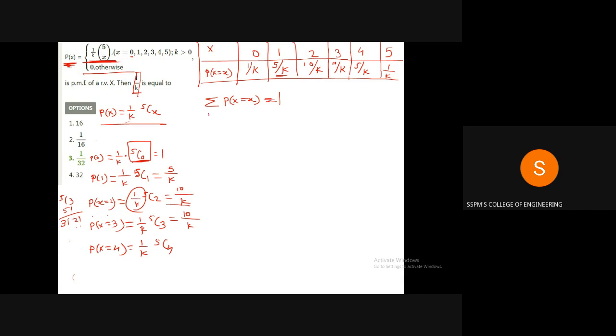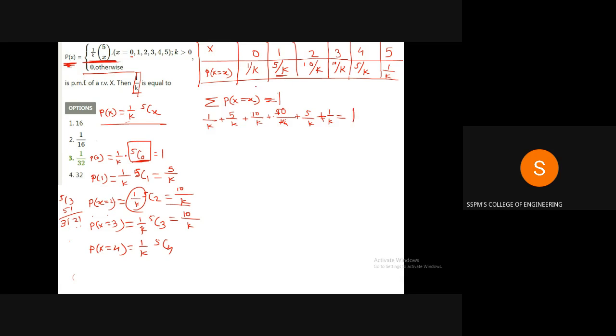So we have 1 by k plus 5 divided by k plus 10 divided by k plus 10 divided by k again, plus 5 divided by k plus 1 divided by k is equal to 1. So total probability is always 1.